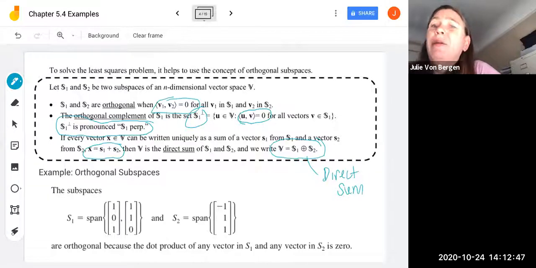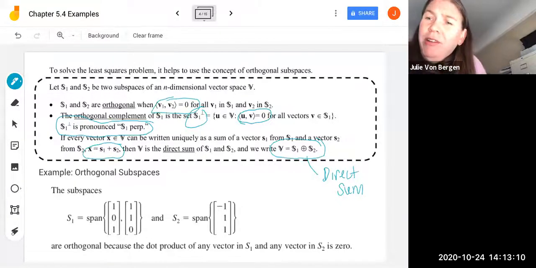So let's look at an example. If we want to see an example of orthogonal subspaces, S1, which is the span of the vectors (1, 0, 1) and (1, 1, 0), and S2 equals the span of the vector (-1, 1, 1), are considered orthogonal because the dot product of any vector in S1 and any vector in S2 is 0.